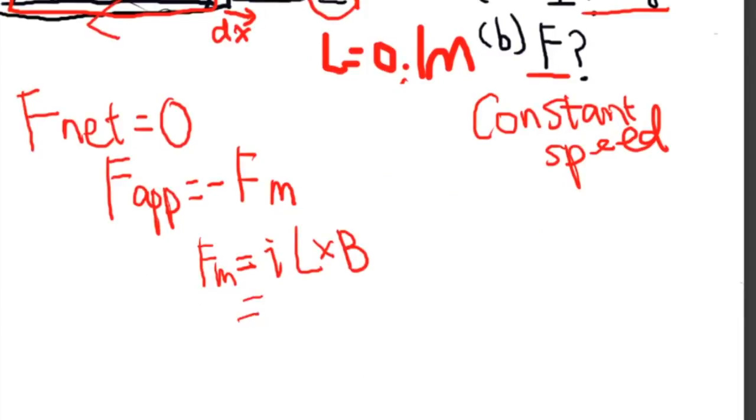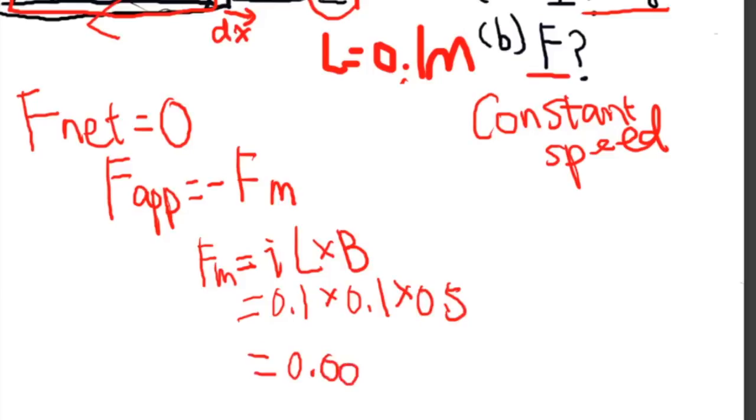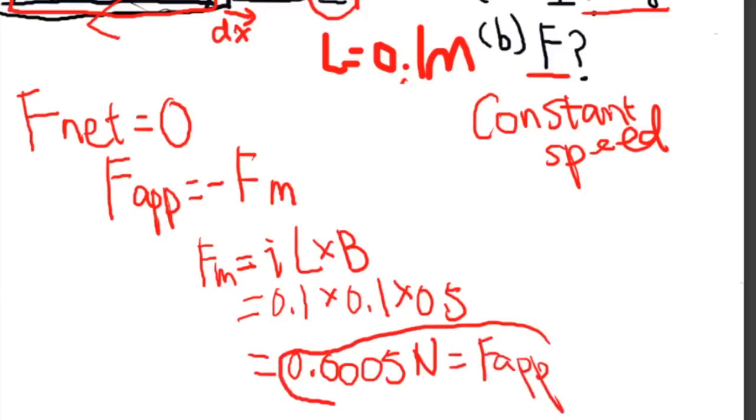I, remember, is 0.1 A, times L, which is 0.1 meter, times B, which is 0.5 T. This equals 0.005 newtons, equals F applied. So here we go. This is the answer to this problem.